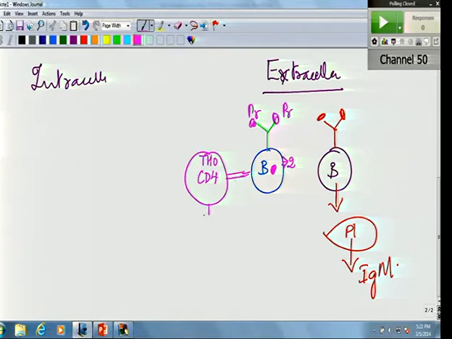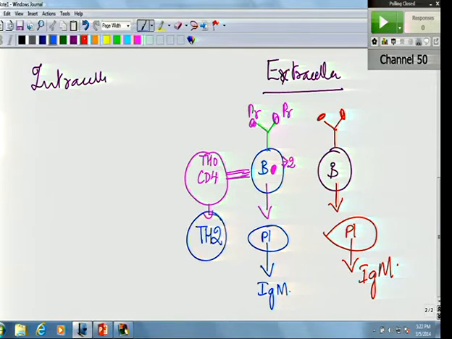With this help, the B cell is first going to differentiate into a plasma cell, which will secrete what? IgM. Then the T lymphocyte will differentiate into what? Th2.